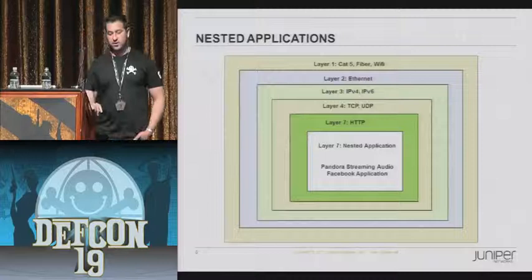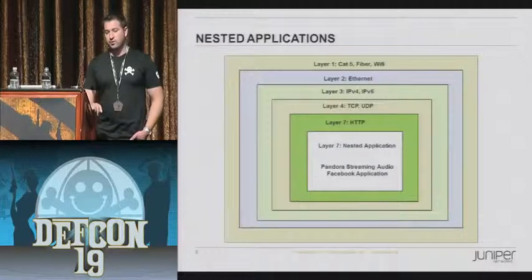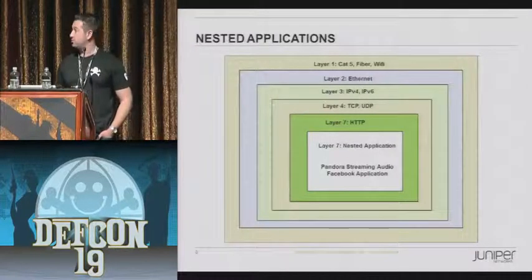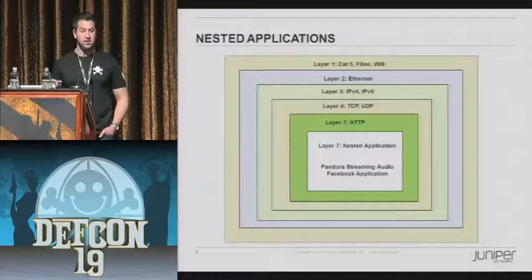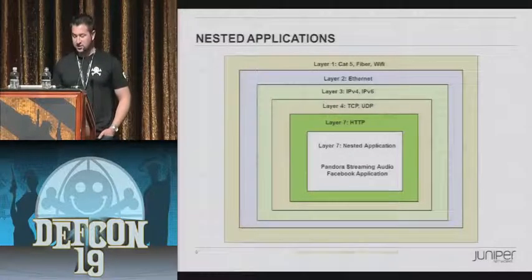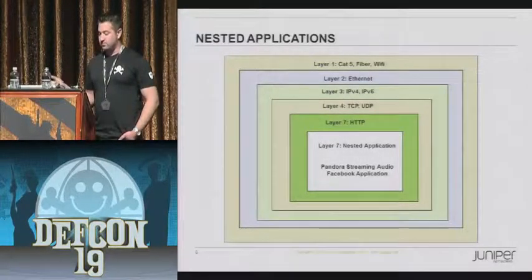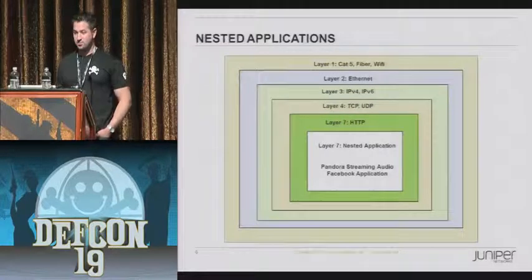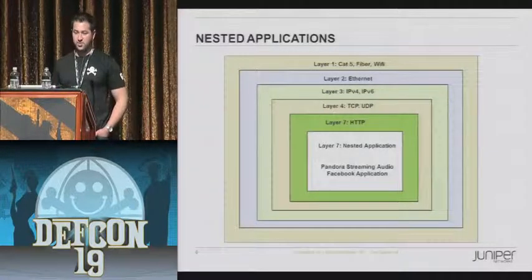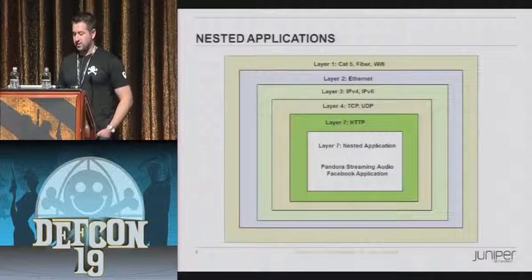One thing I wanted to call out when it comes to application matching is an interesting new topic, which is nested application detection. If you think about it, nowadays HTTP is almost like the new TCP. Most applications are being developed on web interfaces, and there are several reasons for that.